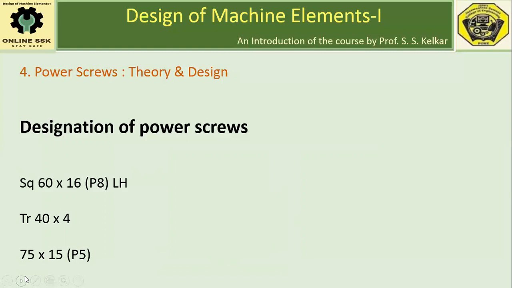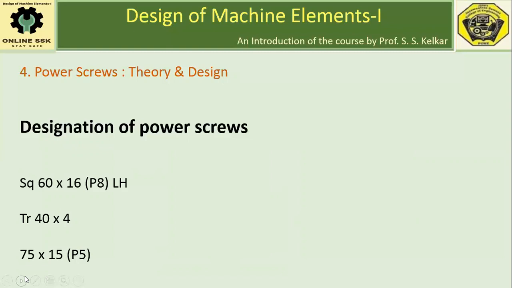Then you have to mention hand of the helix. Now you can see that in the third designation, none of the type of the screw is mentioned, whether it is square or trapezoidal. Also, left hand or right hand helix is not mentioned. Whenever type of the screw is not mentioned, by default, always it is square threads. So for the third case, it is a square thread.